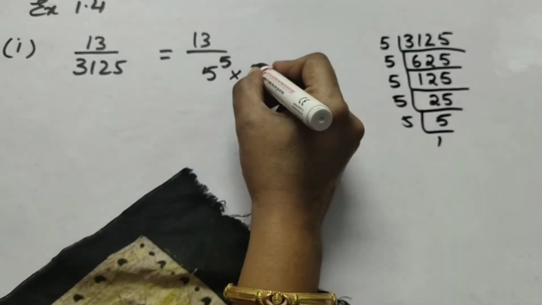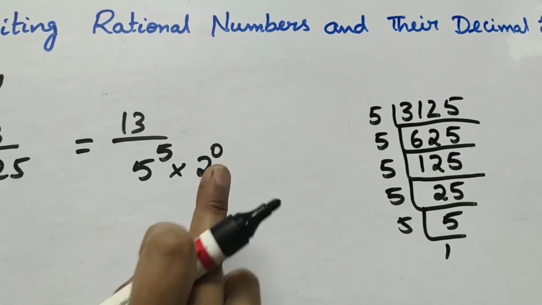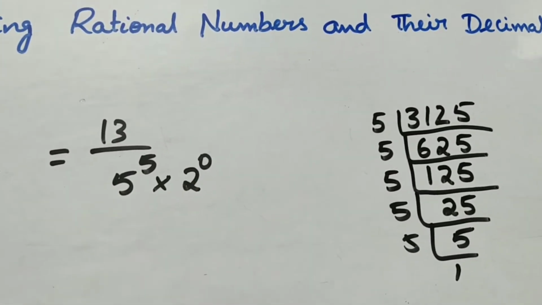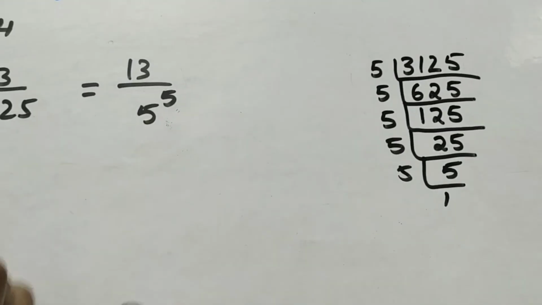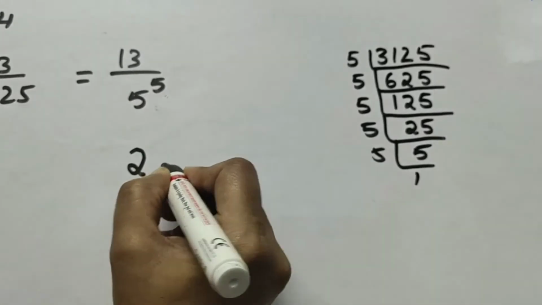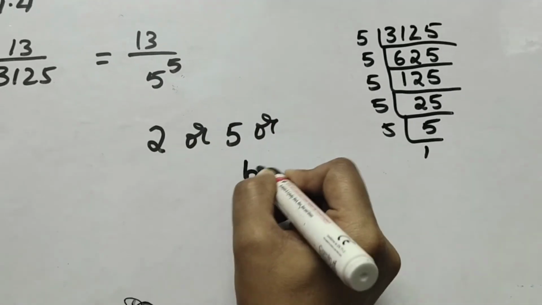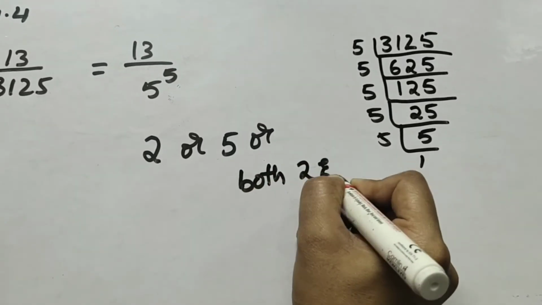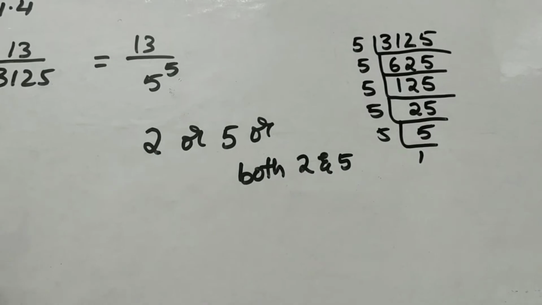It is nothing but 2 to the power of 0. Isn't it? 2 to the power of 0 is 1. So 2 is present over here. Understood? So the denominator should have powers of 2 or powers of 5 or both 2 and 5. Then the decimal expansion is a terminating decimal expansion.